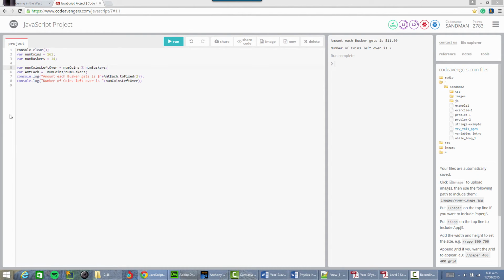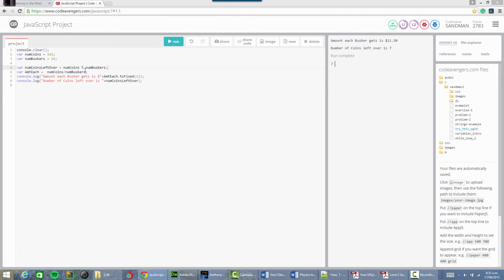Basically there are two things I want to calculate. How many coins were left over? I've called that numCoinsLeftOver. You could abbreviate that a little bit, but make sure your variable names are descriptive. So I've got var numCoinsLeftOver equal to the number of coins, and here's this remainder division, not integer division.